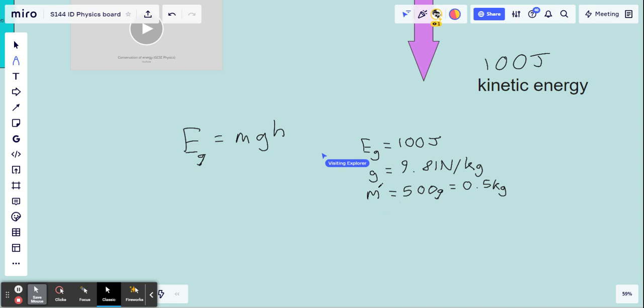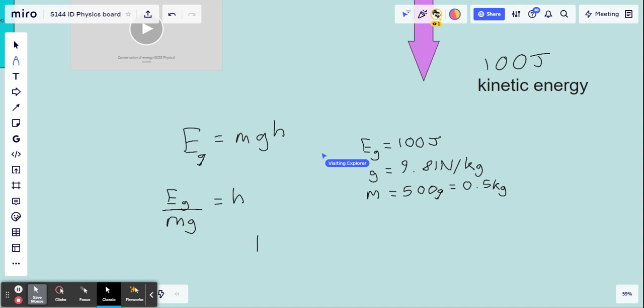Okay. So we're trying to work out what the height is. What we'd do is divide by m and g together. On the left-hand side, I end up with gravitational potential energy divided by mass times strength of gravity, and that's equal to the height.